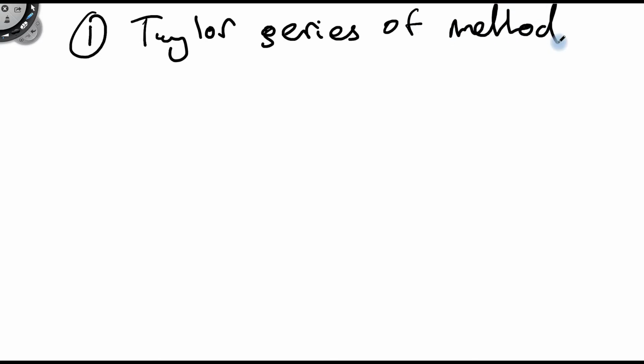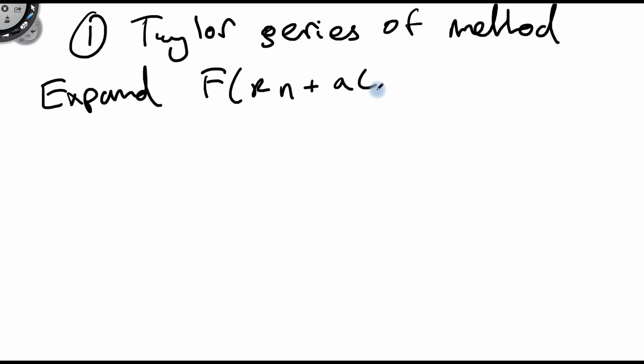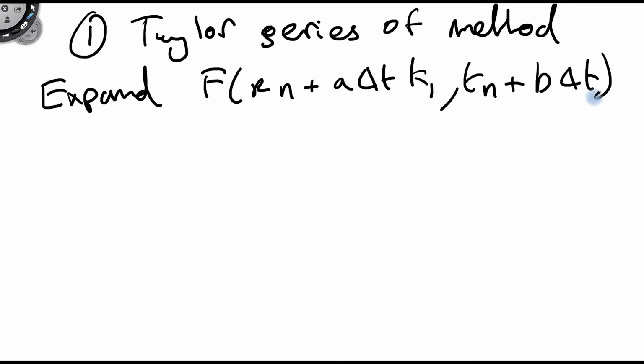And here we expand this function in the definition of k2, f(x_n + a delta t k1, t_n + b delta t), to order delta t squared, or in other words, remainder of order delta t cubed. Let's just do that.